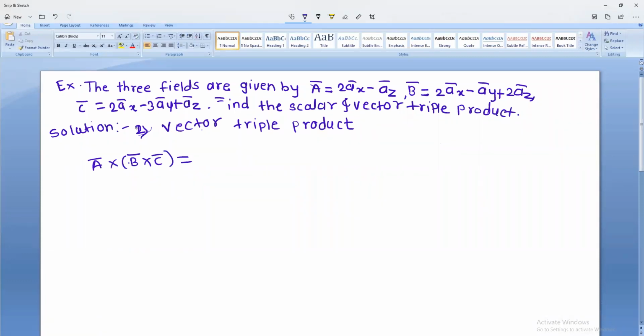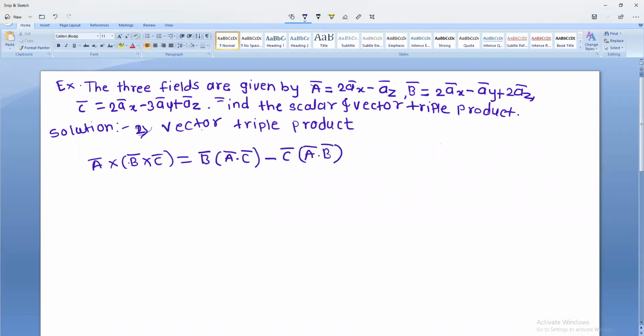So what is the trick? Trick is back minus cap. Okay. So it is equal to B bar into, back means B bar into A bar dot C bar, right? Dot product, minus cap means C bar into bracket A bar dot B bar.